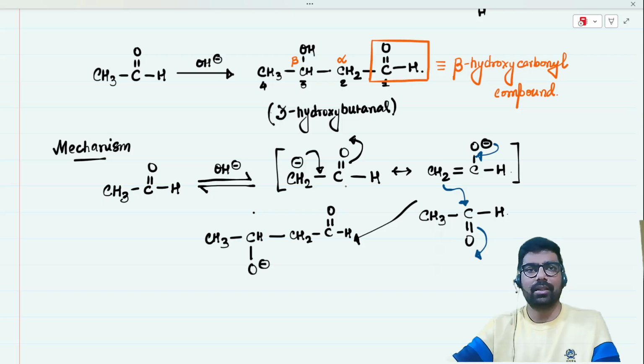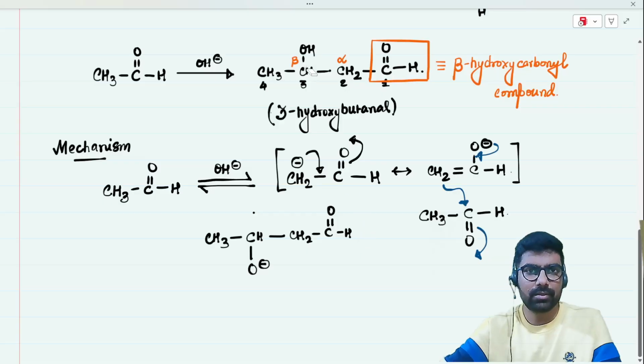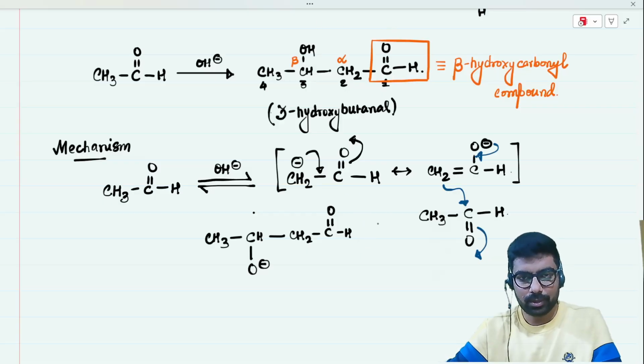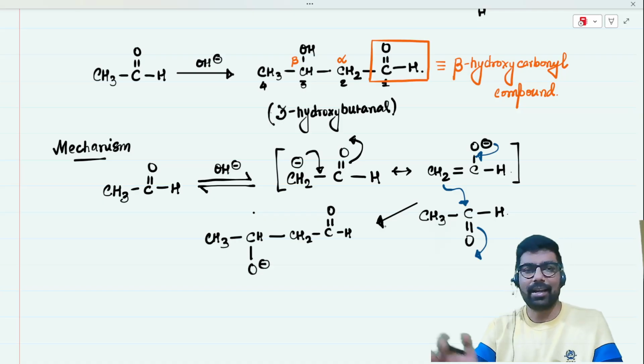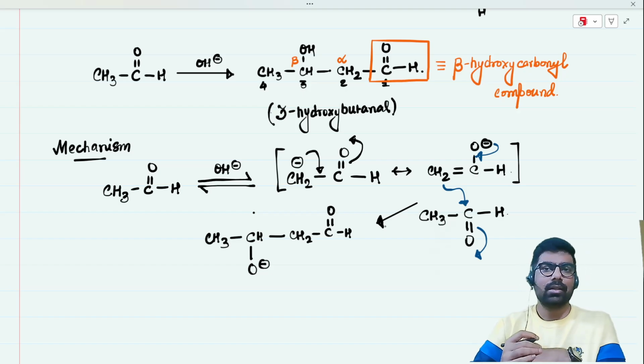So now we have something like this. Just give a small arrow. So now the two molecules have joined together. That's what we call a condensation, right? Aldol condensation. So the condensation has taken place.